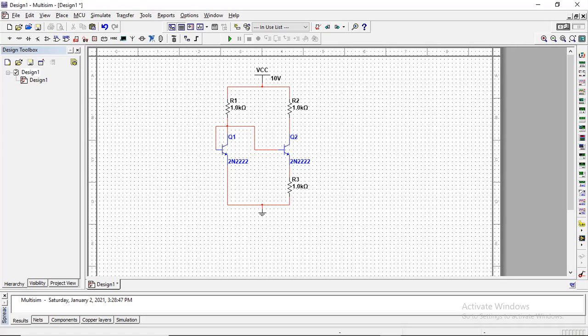Does anyone have an idea? No one has an idea how to measure the current? Okay, tell me one thing: what kind of instrument am I going to use to measure the current? Can anyone tell me?